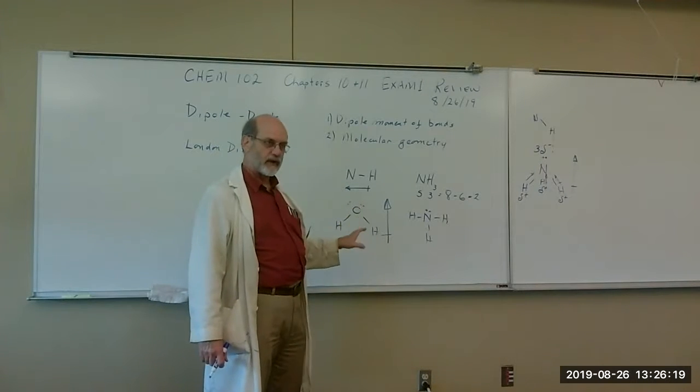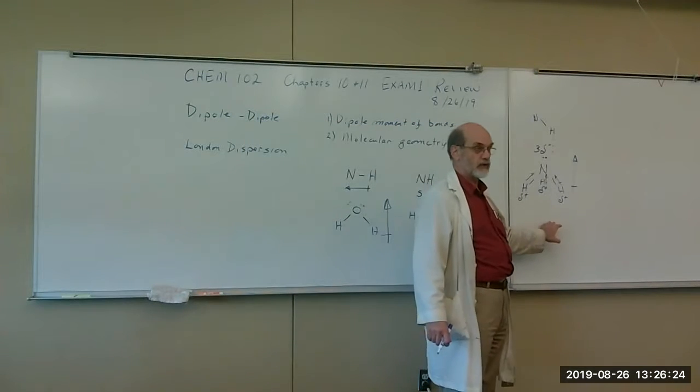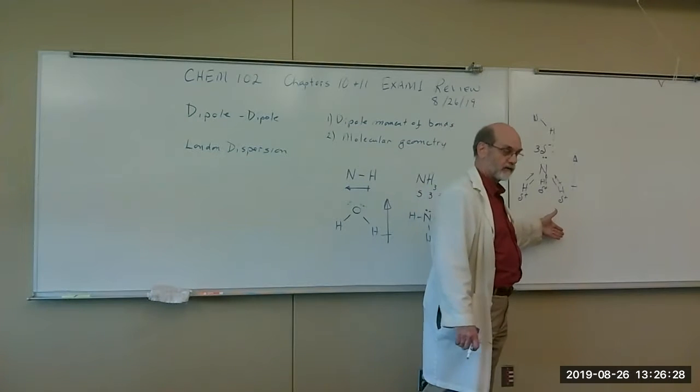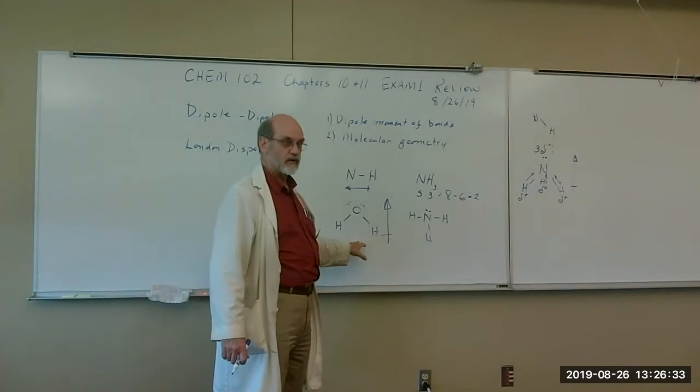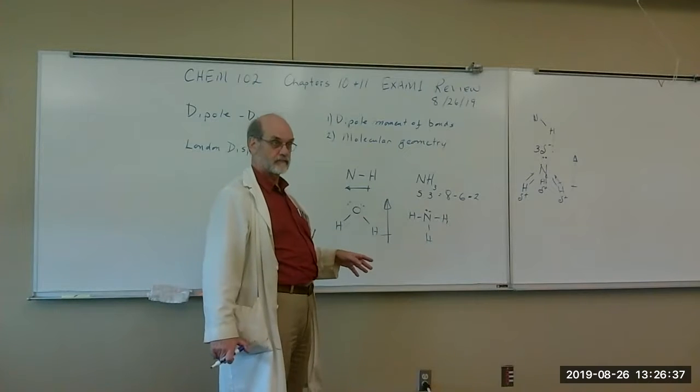The boiling point of water should be much, much higher than it is for ammonia. Higher temperature for water than ammonia, because the intermolecular forces are stronger for water than for ammonia, right?